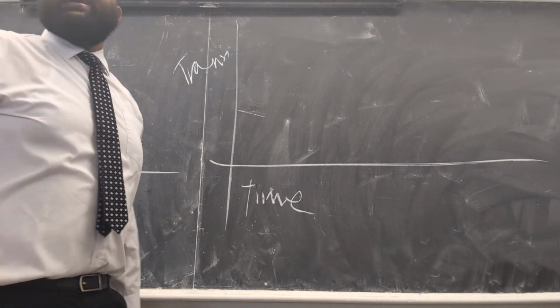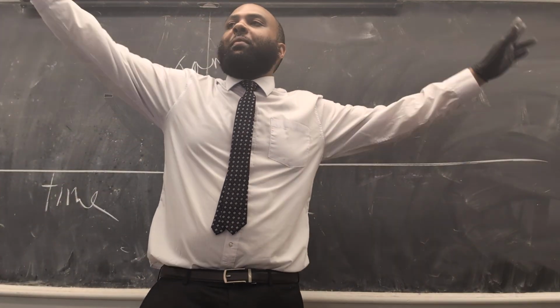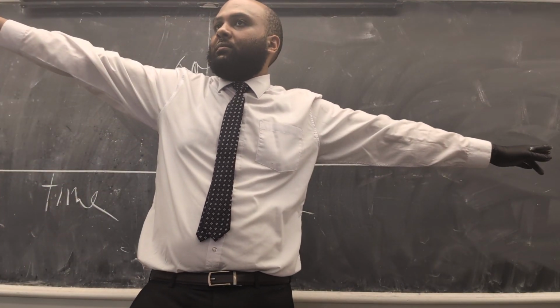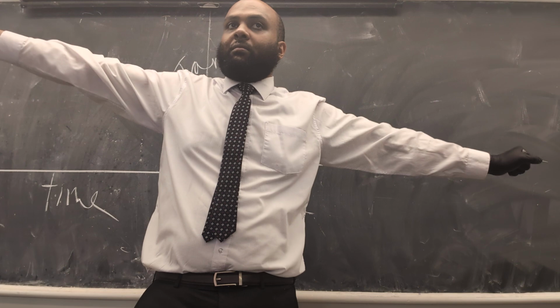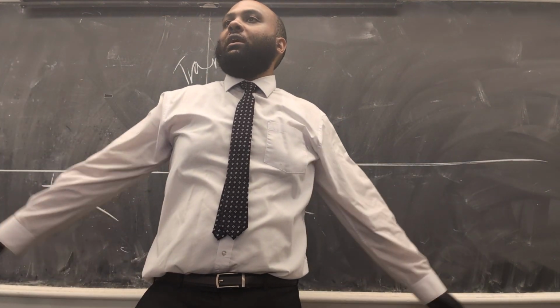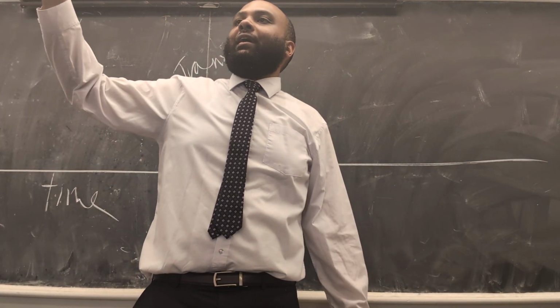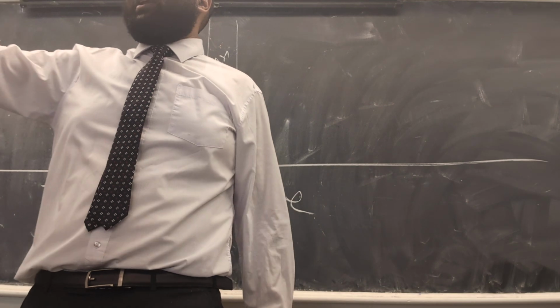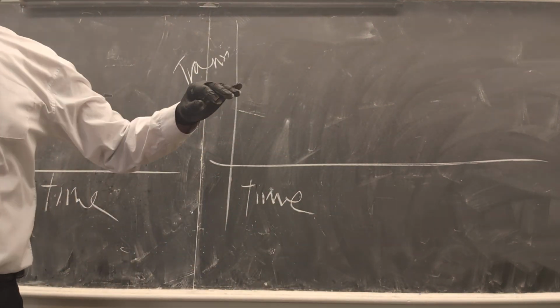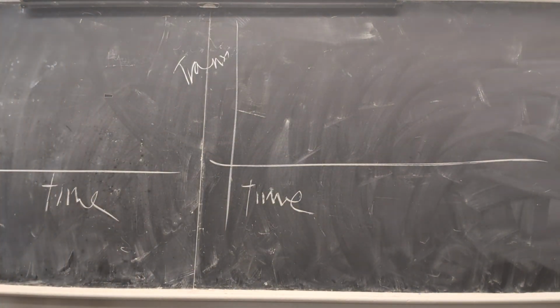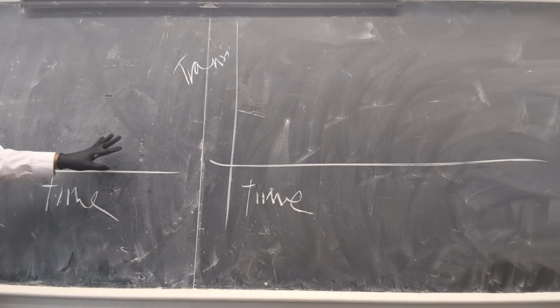Okay, can I have your attention, please, everybody, for 2 minutes? After we run the spectrophotometer, what are we going to do? We're going to plot 2 graphs for each test tube: 1 graph for transmittance and 1 graph for absorbance.